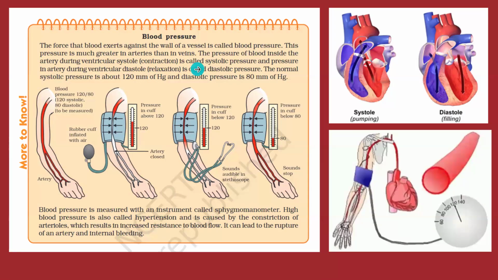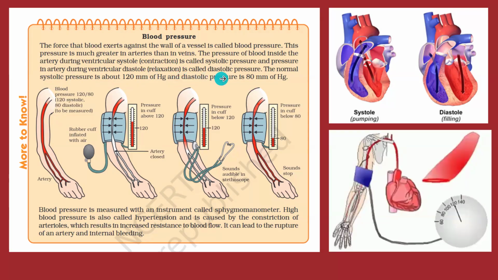This is the pressure in the artery during ventricle systole, and we call it systolic pressure. And we also see the pressure in the artery during ventricle diastole. Diastole means the same ventricle in the form of relaxation, meaning no contraction is happening.